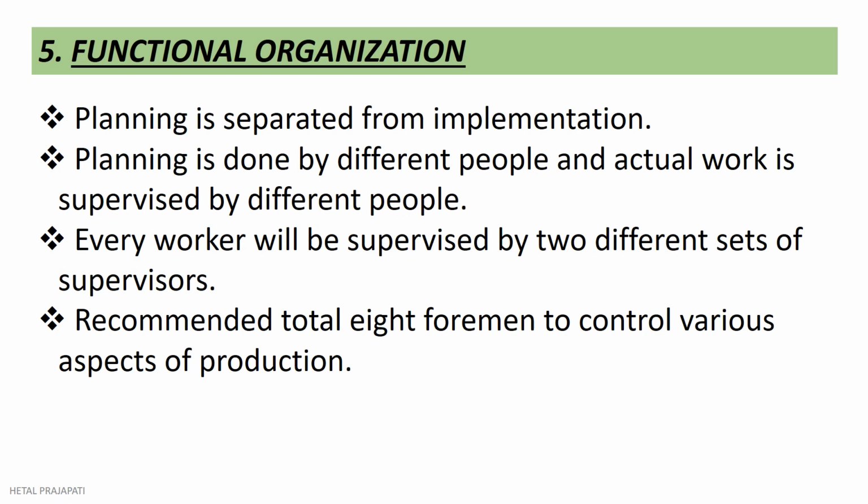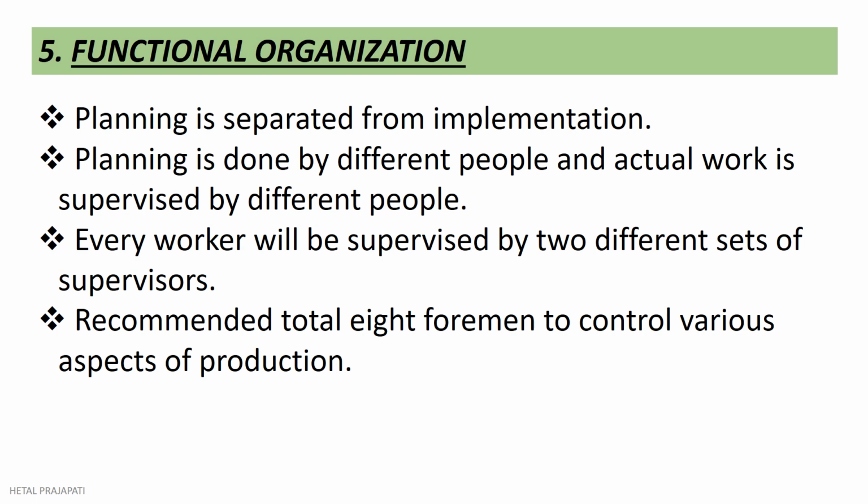Functional organization. In this concept, it is explained that planning is separated from implementation. That means planning is done by different people and actual work is supervised by different people.